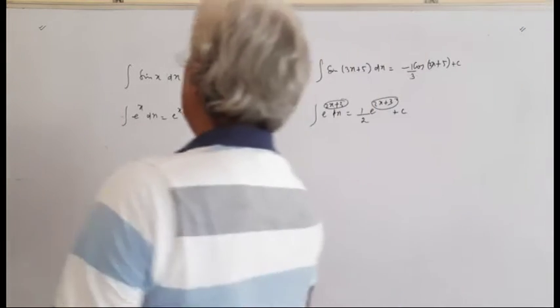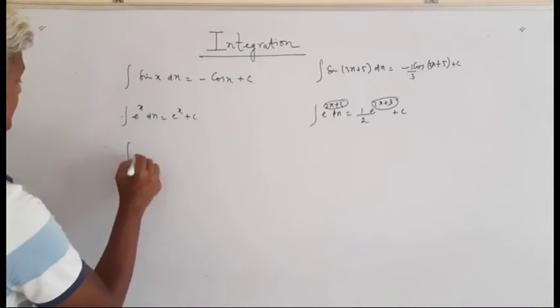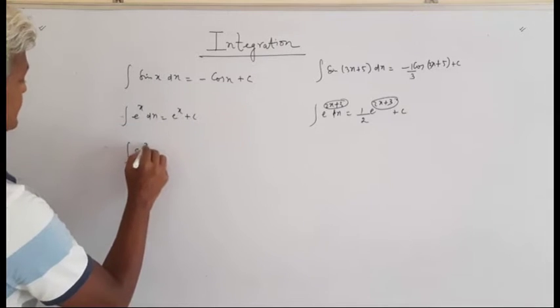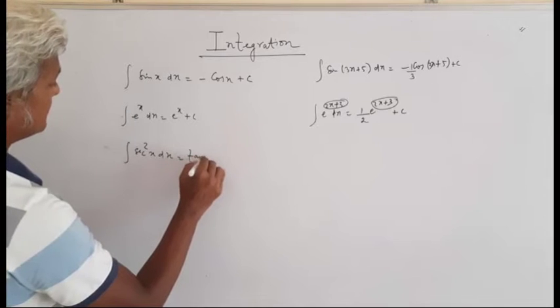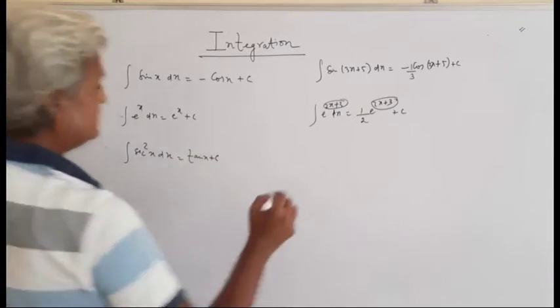plus c. Now if I say sec square x, integration of sec square x is tan x plus c.